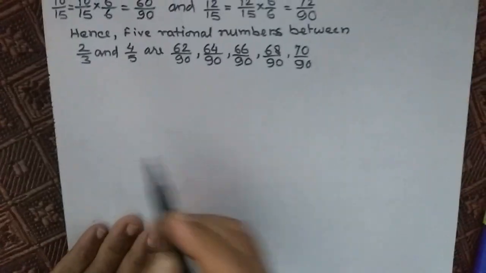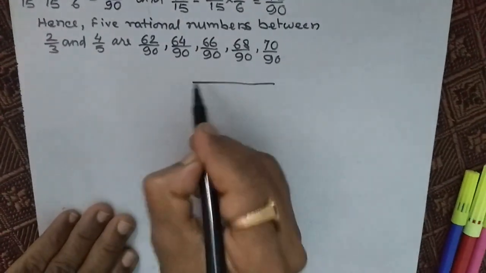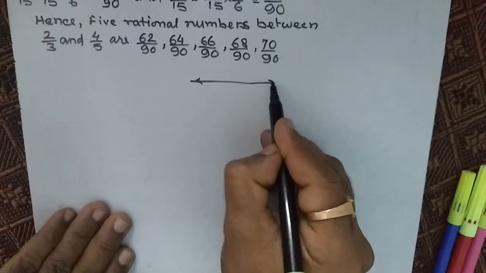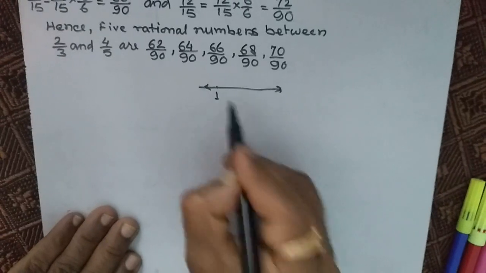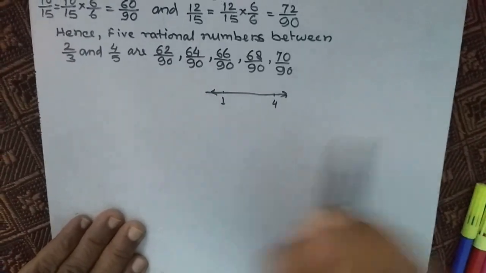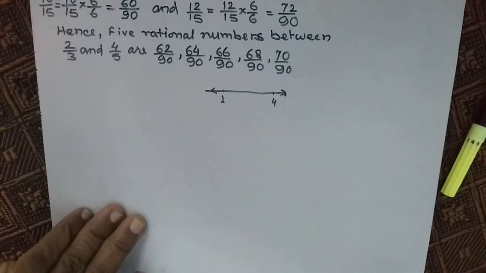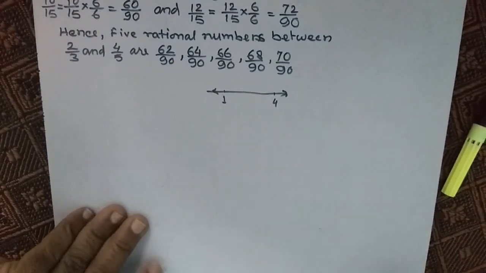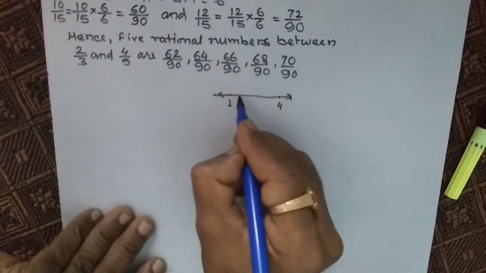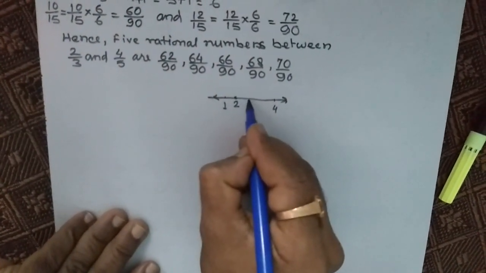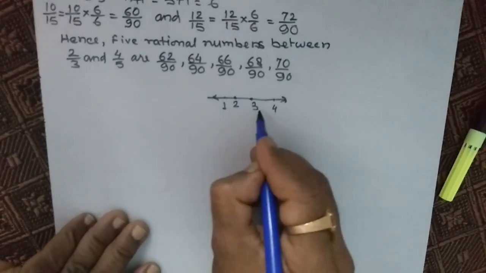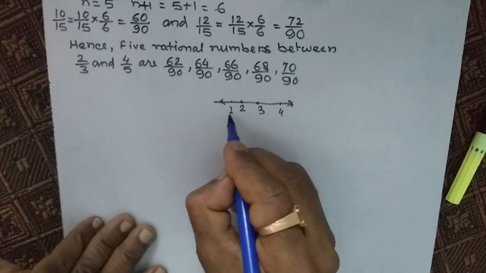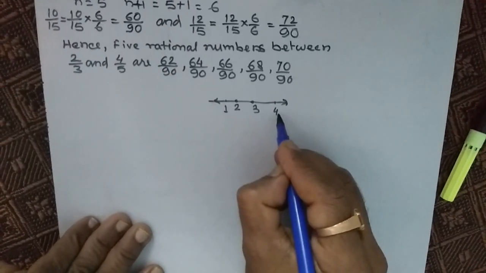Suppose you have taken a number line, and on the number line you have 1 and 4. Between 1 and 4 there are integers 2 and 3. Then 2 and 3 are the integers between 1 and 4.